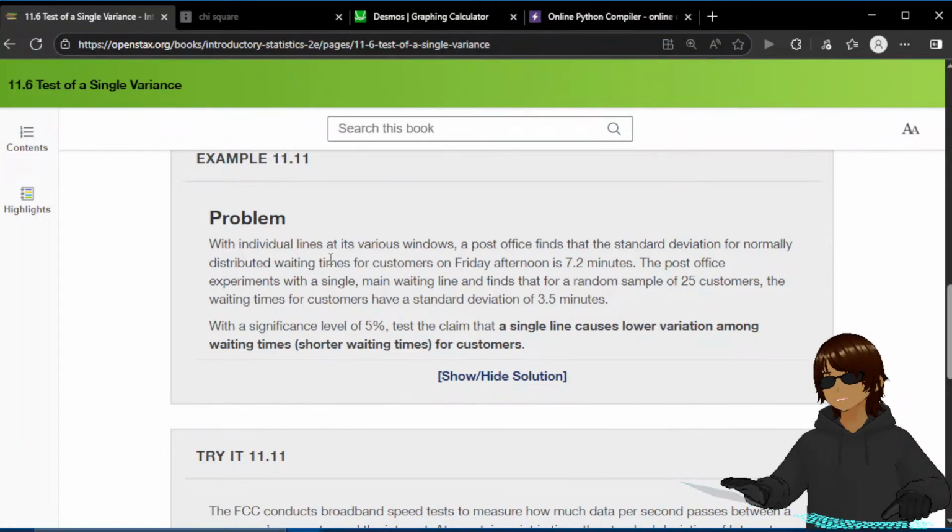With individual lines at its various windows, a post office finds that the standard deviation for normally distributed waiting times for customers on Friday afternoon is 7.2 minutes. The post office experiments with a single main waiting line and finds that for a random sample of 25 customers, the waiting time has a standard deviation of 3.5 minutes.